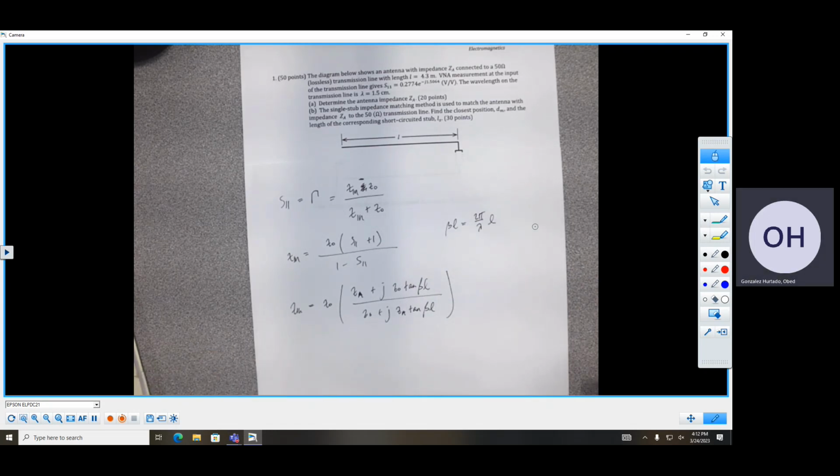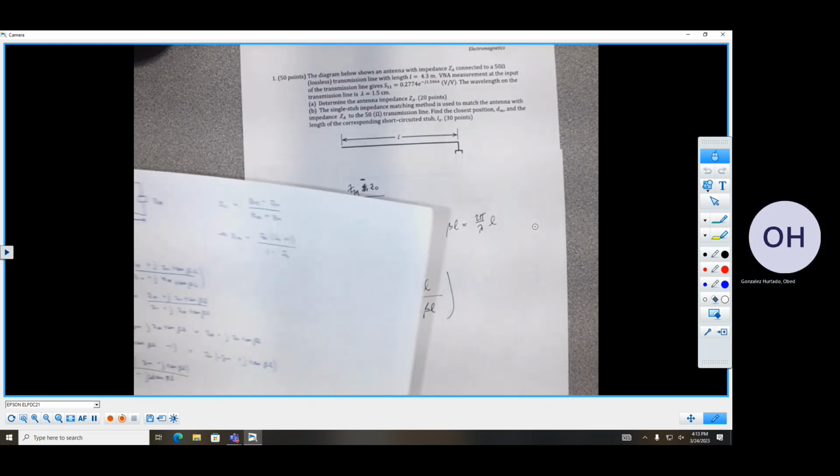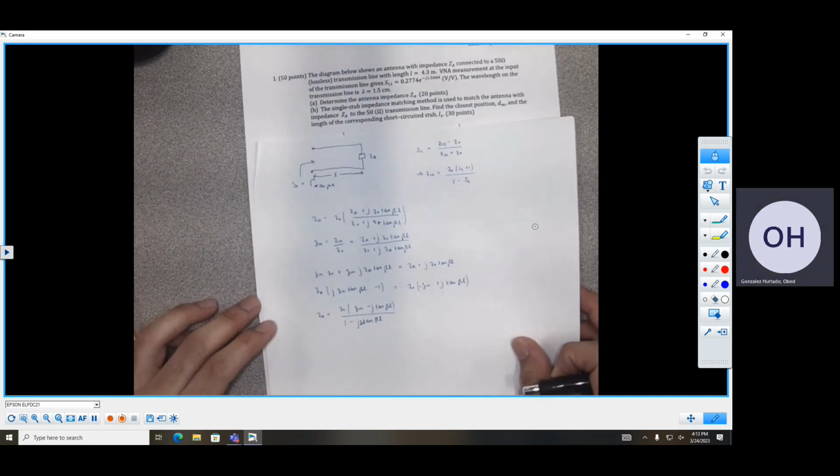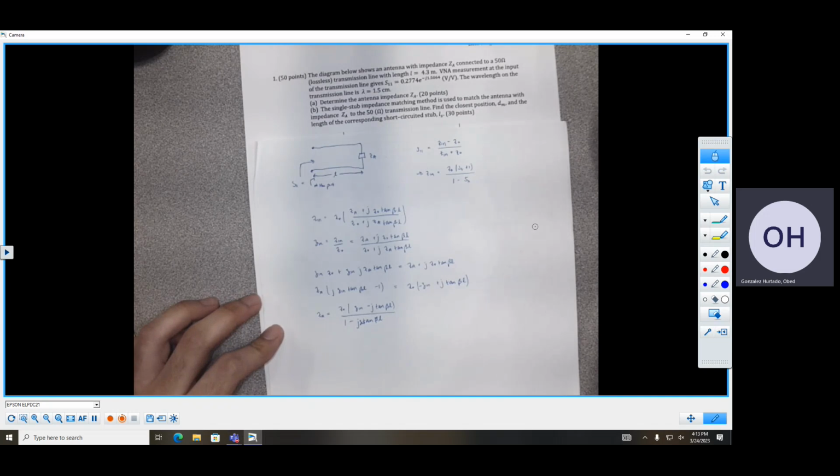From here, you can either do solve, or you can do the math for it.